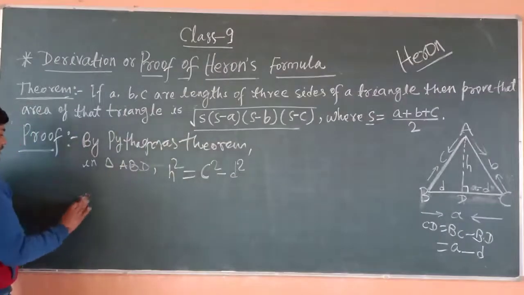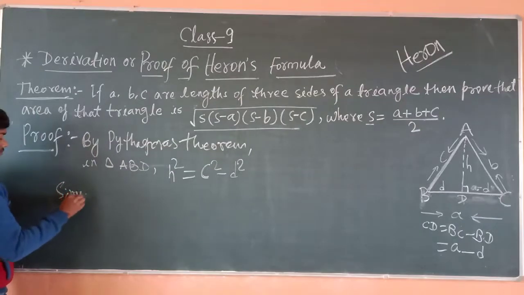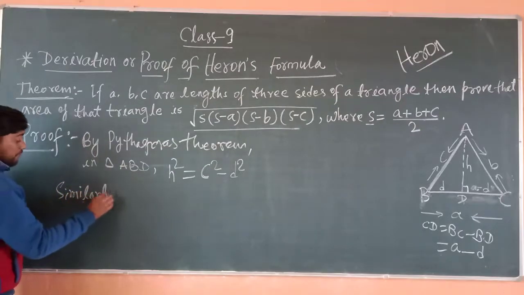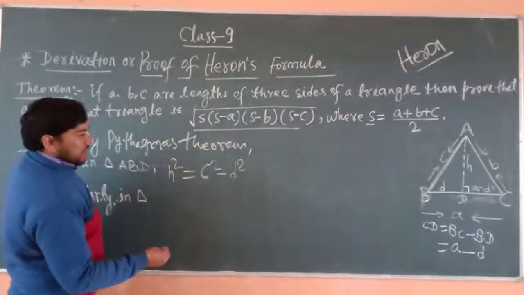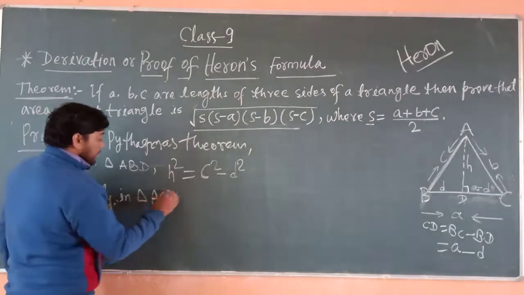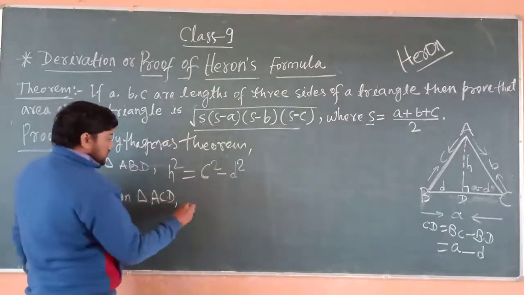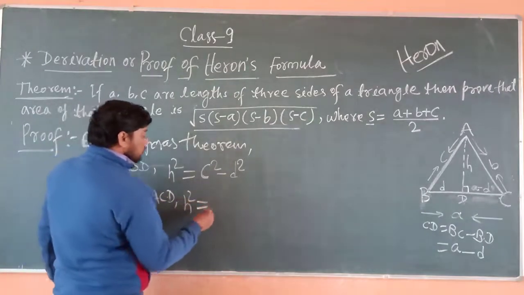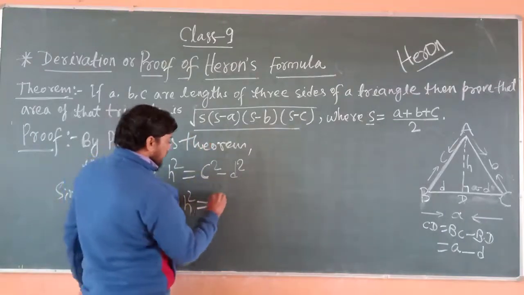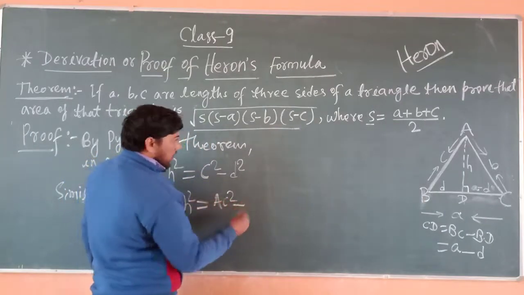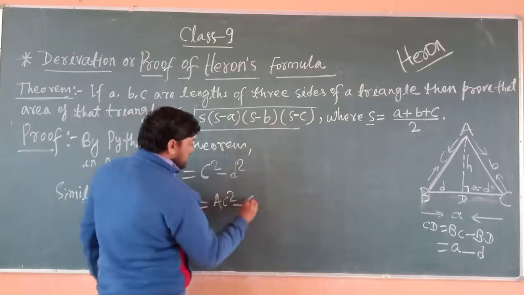Similarly, in triangle ACD, H square is equal to AC square minus CD square.